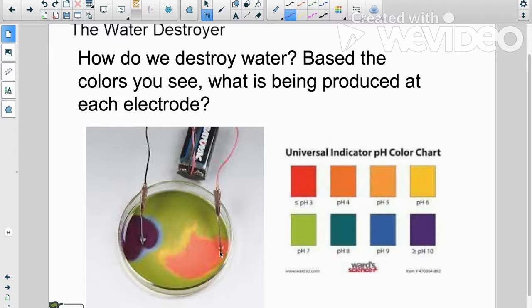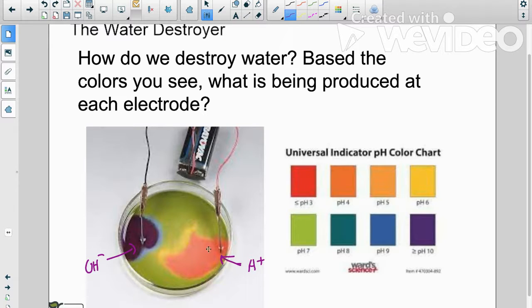So based on these colors, we would expect, on the red, where the red color is appearing, we must be producing some hydrogen ions, okay? And over here, where the color is turning purple, we must be producing some OH minus ions, okay?